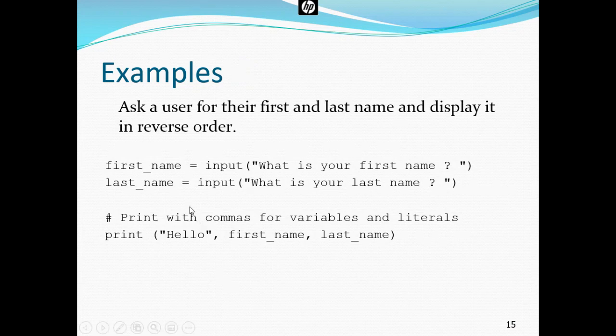Here's another example. First name equals input, which will ask the person for their first name. Last name equals input, and I'll ask them for their last name. This is just a comment. Remember, hashtag means comment. Basically we'll print out with commas for variables and literals.